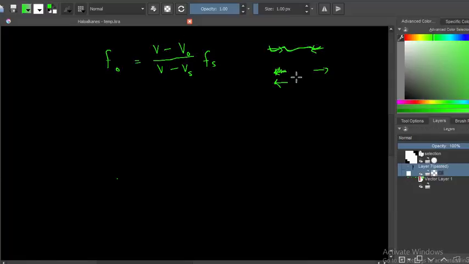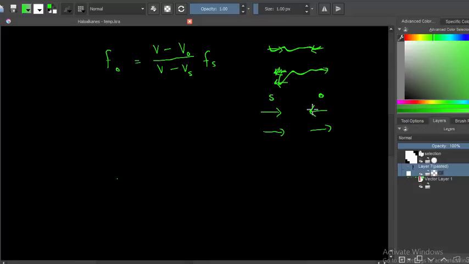So let's look at this top part. We have the velocity of the sound traveling towards the observer. Now the observer is either traveling towards the sound or away from the sound. So this is the sound and that's the observer.